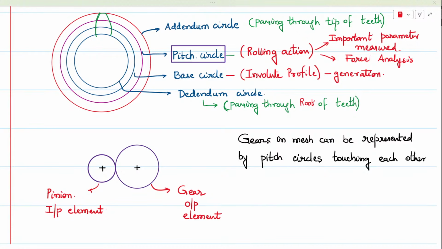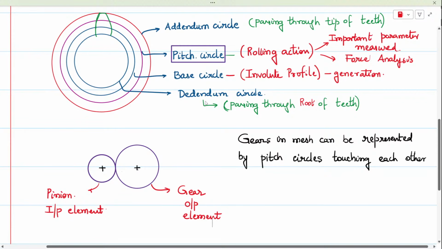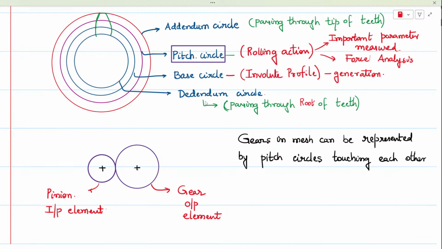That is why the pinion is preferred as input element. Pinion is generally mounted on the electric motor, that's a prime mover or an input device, and gear is mounted where the load is being applied, or it is mounted to the machine. Machine is also one form of a load, because that machine could be doing some operation, it could be cutting operation, it could be drilling operation, etc. So operation is associated with the load.